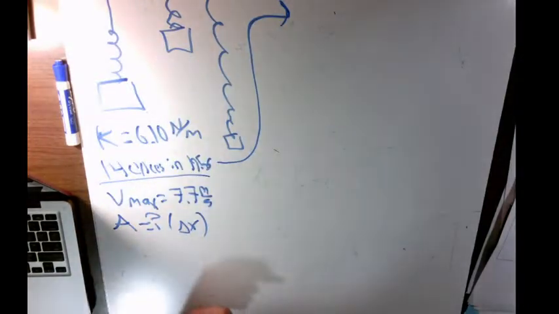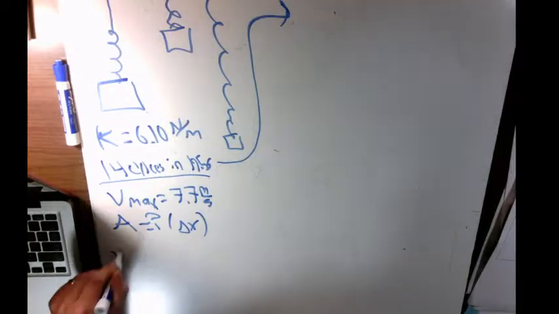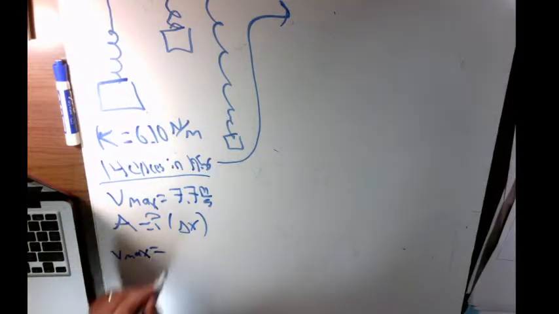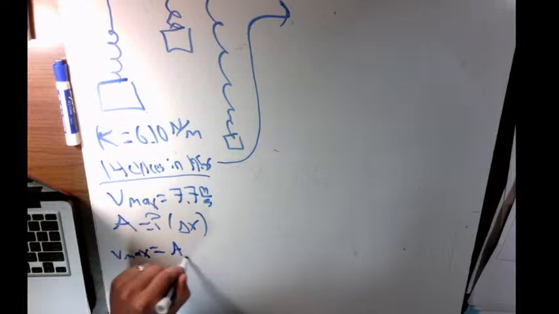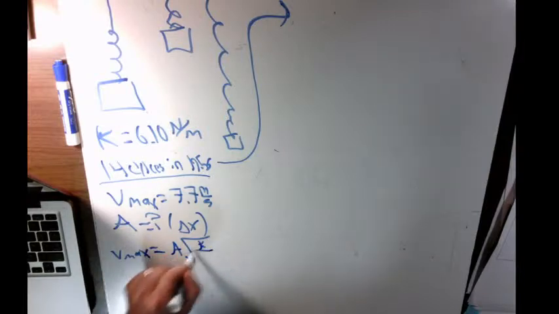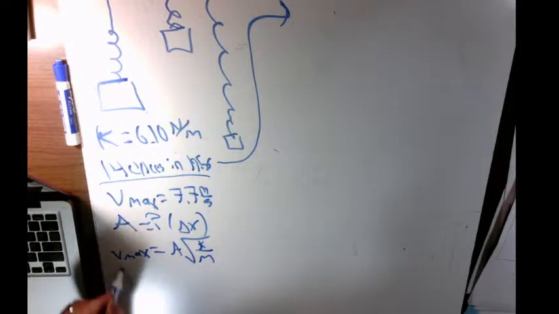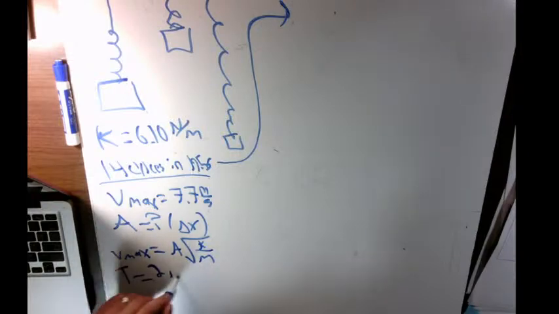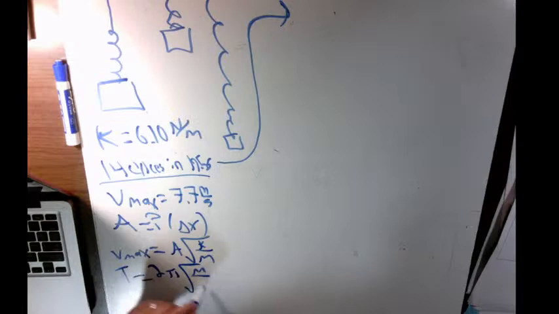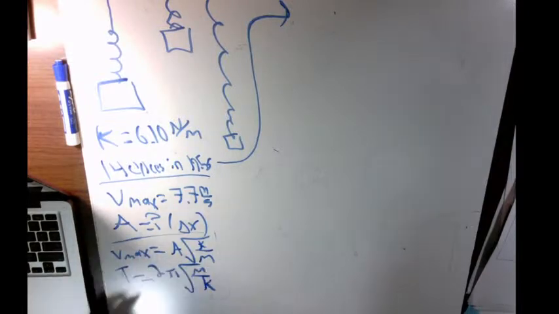Our formula for v max is amplitude times the square root of spring constant over mass. And we also have, from the previous lesson, period is equal to 2 pi square root of m over k.